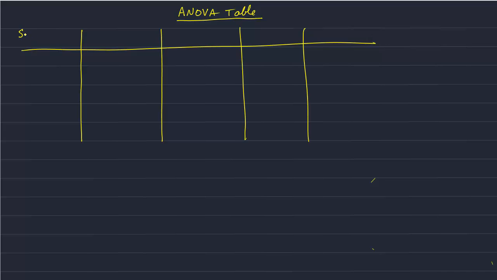So we have our first column being the source of variance, the second column being the sum of squares for each source. We have our degrees of freedom, which we also called nu, and then we have our mean sum of squares, and then we have a column for F.